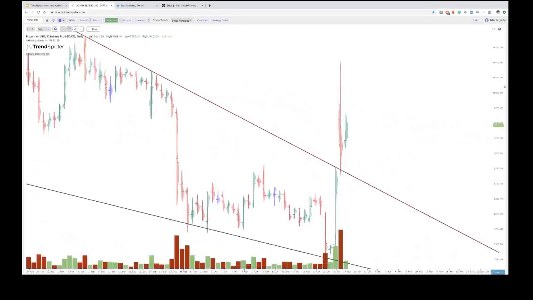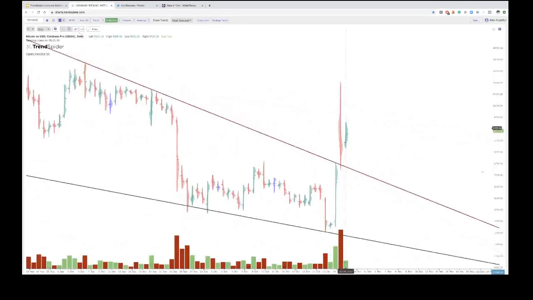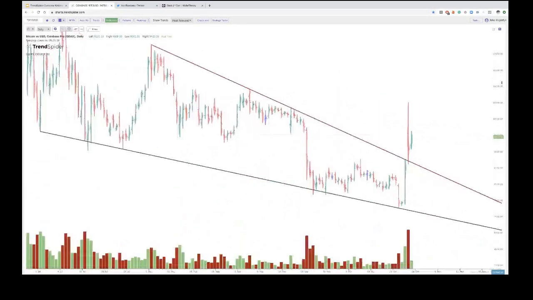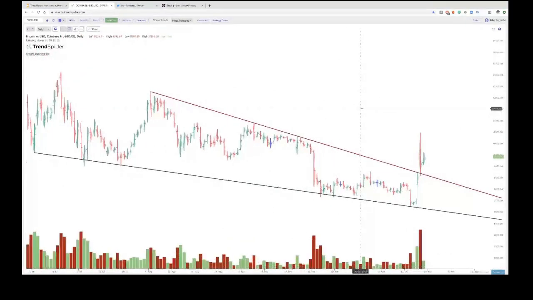Yeah. To add to that, support resistance, the more interaction on that line, right? So in this case, we've got Bitcoin again, daily chart. We've got a ton of different times that the price action is testing this support line.